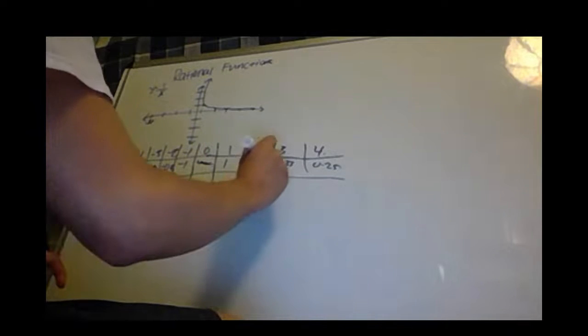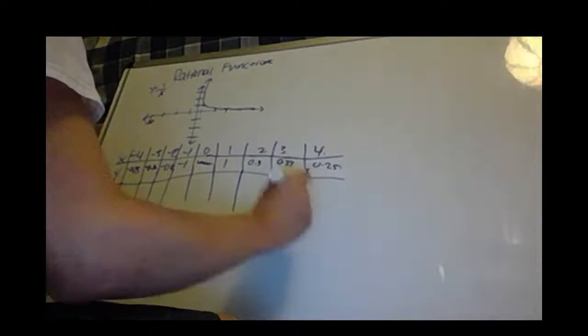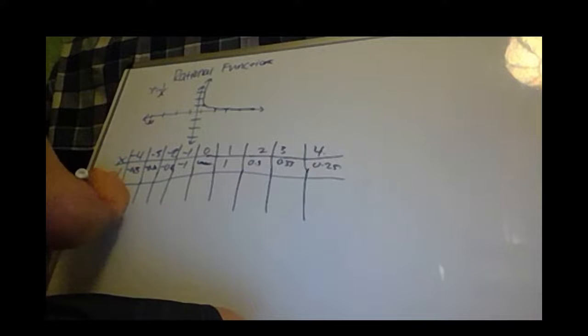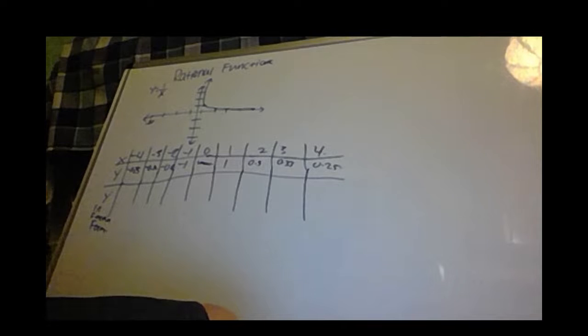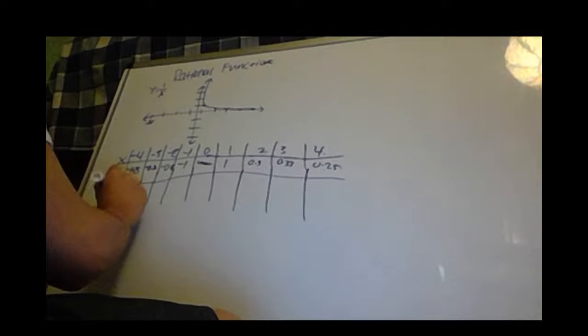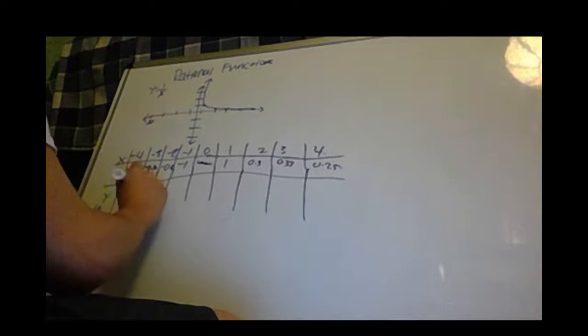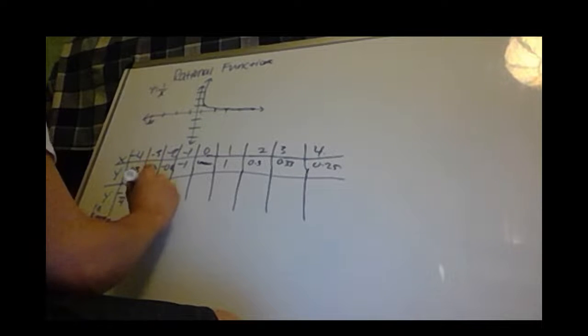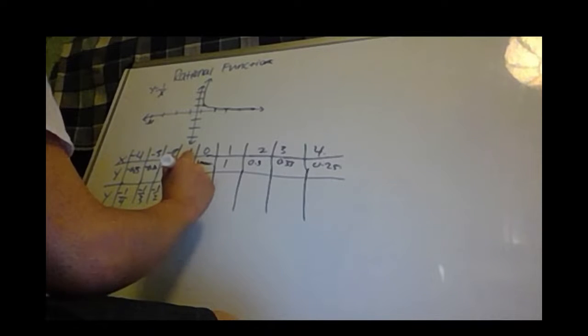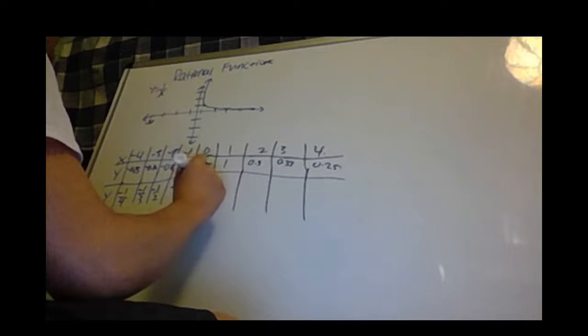So y in fraction form would be negative 1/4, negative 1/3, negative 1/2, negative 1, and for 0 it's undefined.